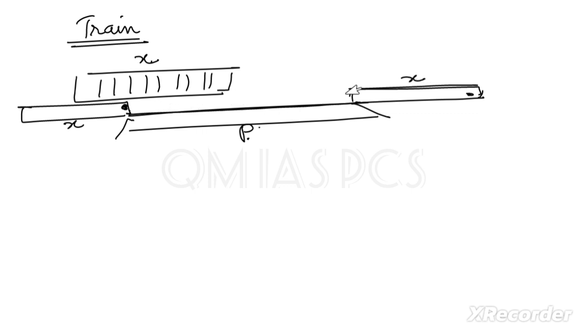So whenever there is a question regarding a train, we have to think that total distance will be platform distance plus length of that train. Now that platform is stationary, that platform is not moving, so in that case the relative speed will be the speed of that train only.